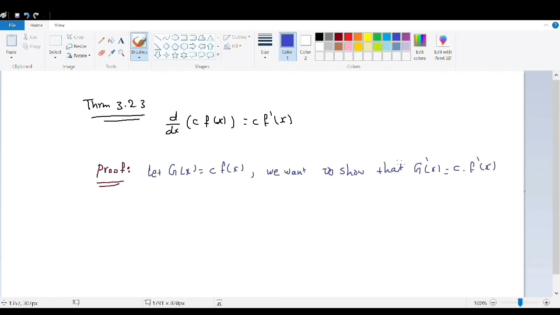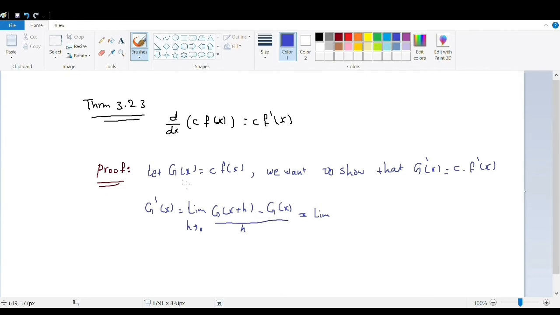So we will use the definition to find the derivative g prime x, and we know that g prime x is equal to the limit of g of x plus h minus g of x, divided by h, and we evaluate the limit when h approaches 0. So this will give us the limit of g of x plus h.